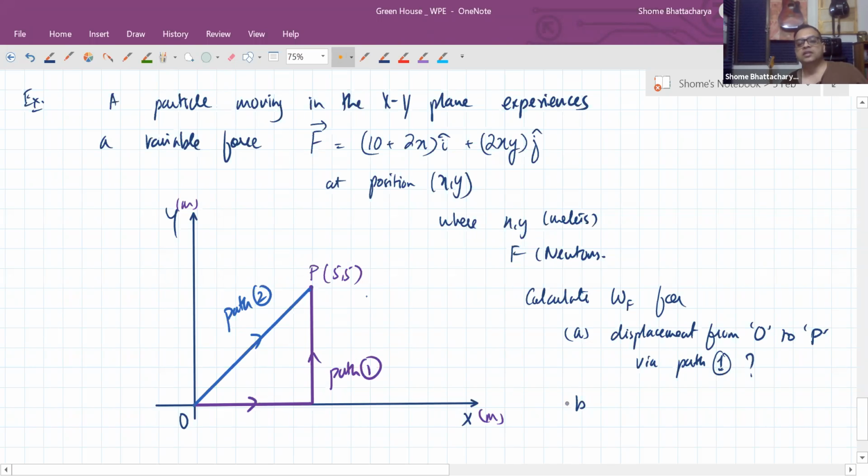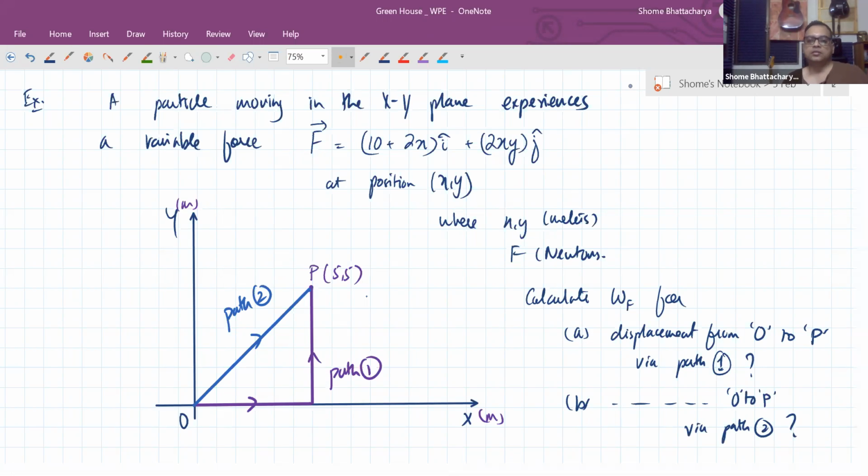And secondly, O to P via path 2, which is a direct straight line joining O and P. Everything given is in the question. I have not given any answer or assumption yet.